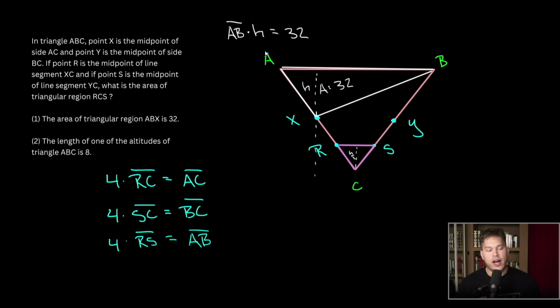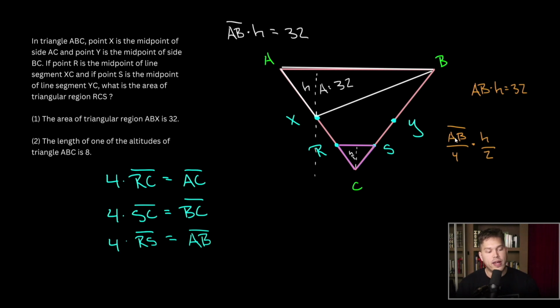And so could we find the area of this triangle given the area of ABX? Well, yes, we absolutely could, because again, we know that RS is 4 times smaller. So if we have AB times h is equal to 32, well, RS is just AB over 4, and then our new height is just some height over 2.